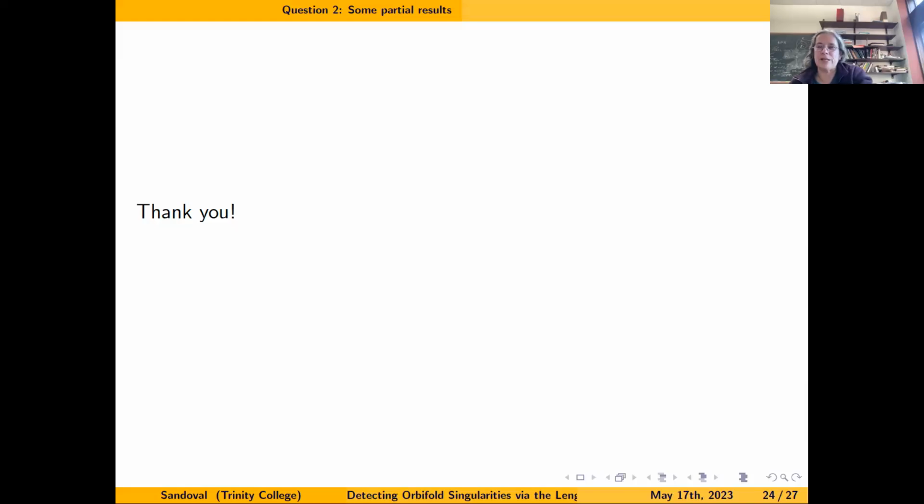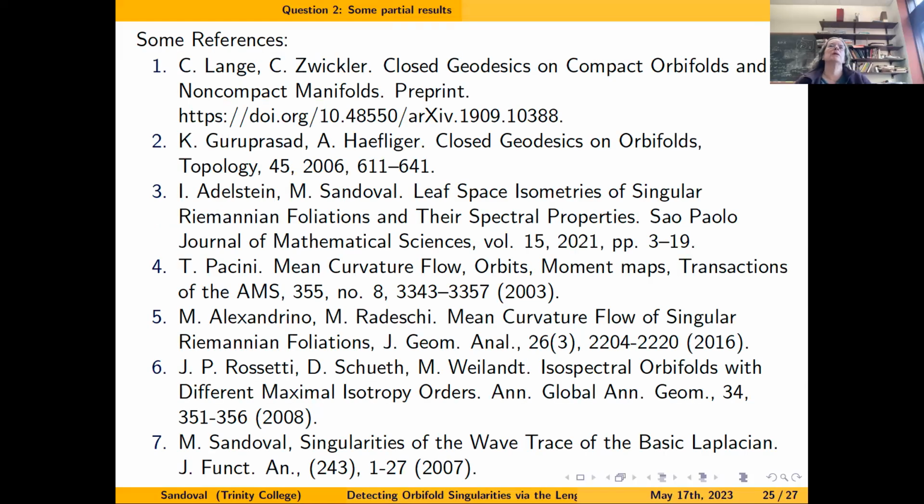I should mention I have some references here. The first two are the two papers about closed geodesics on orbifolds. I haven't checked lately if the first one is in print. That's the most recent one. The other one, on closed geodesics by Guruprasad and Haefliger, is from 2006.